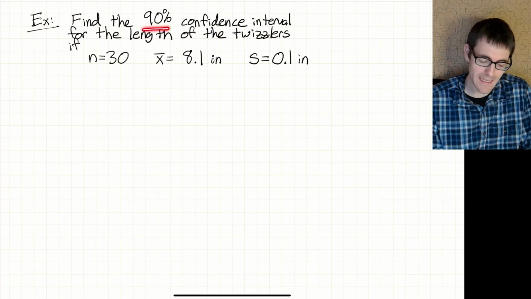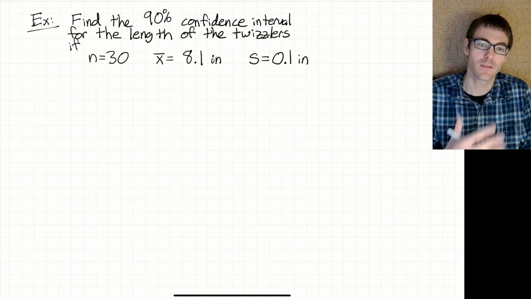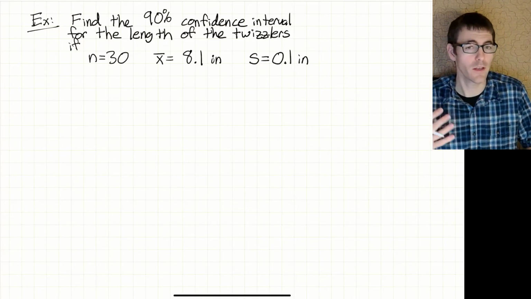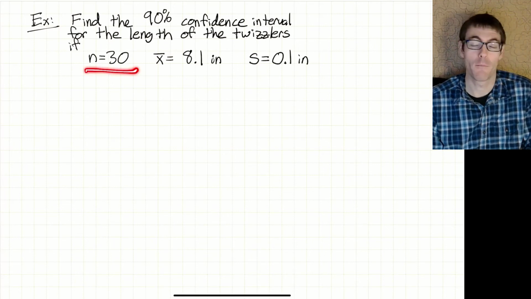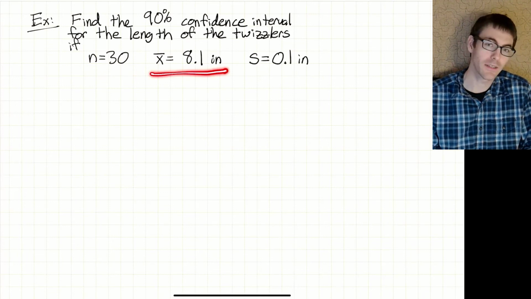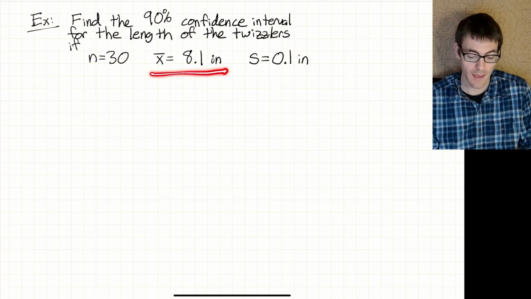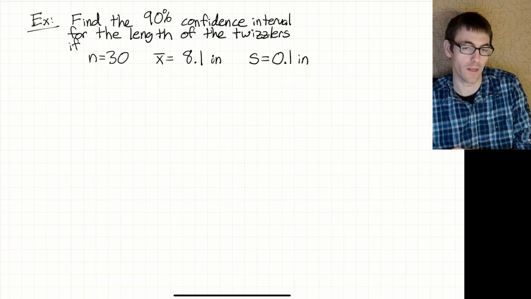All right, let's finally work through our Twizzlers example. Let's say that I want the 90% confidence interval for the length of the Twizzlers. So I want to know what our best guess for the length of Twizzlers coming out of this factory is, where the sample that I take, I'm measuring 30 Twizzlers. In that sample, the average length was 8.1 inches, and the standard deviation of that sample was 0.1 inches.